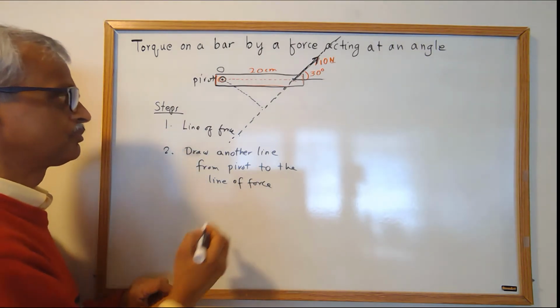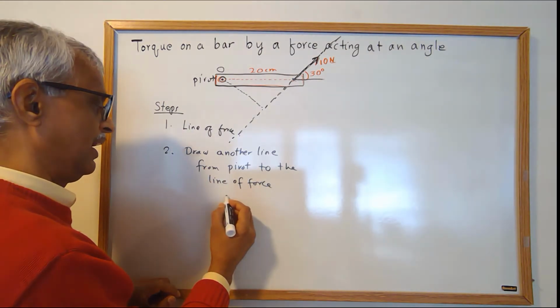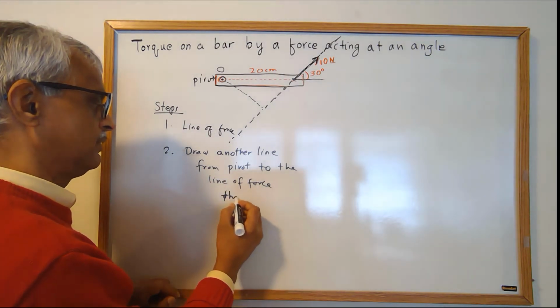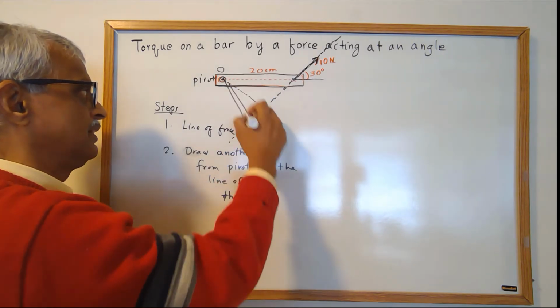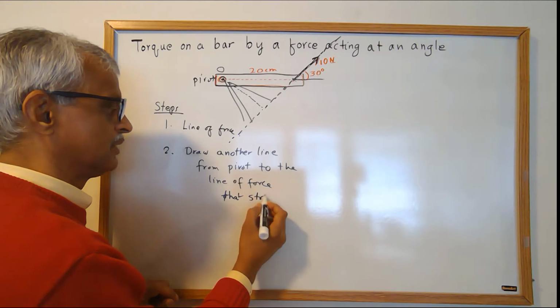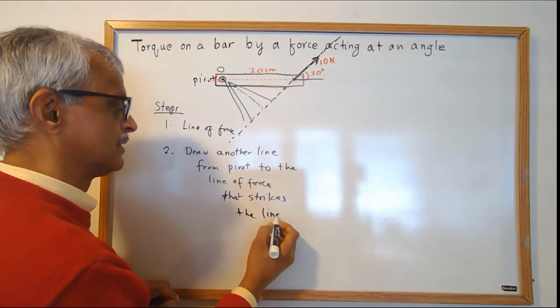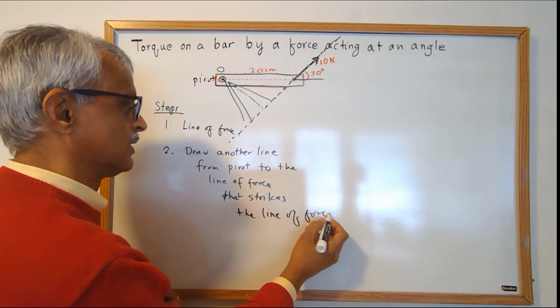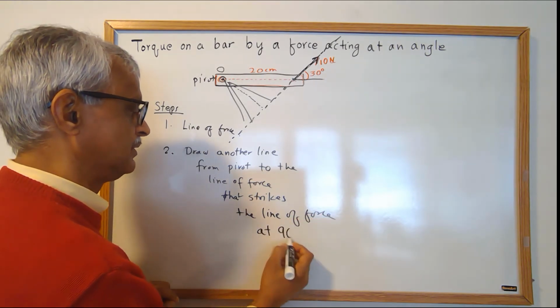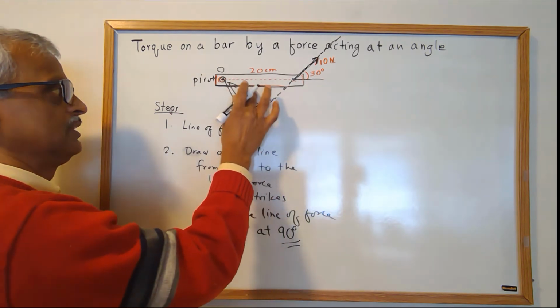But I could draw a whole bunch of different lines, right? So which line should I draw? The one that strikes the line of force at 90 degrees. So I draw the one that has 90 degrees. I don't draw these others.